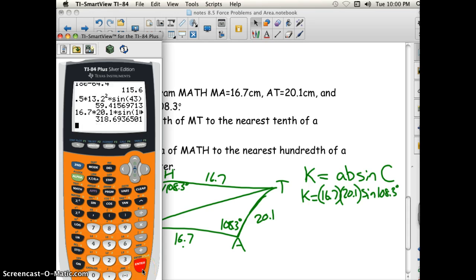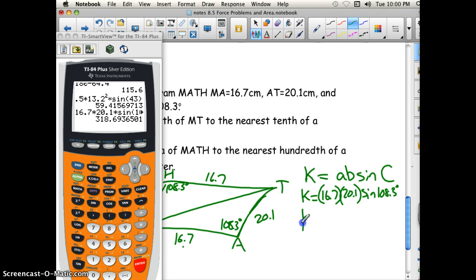All right, enter. And I get K equals 318.69. There we go.